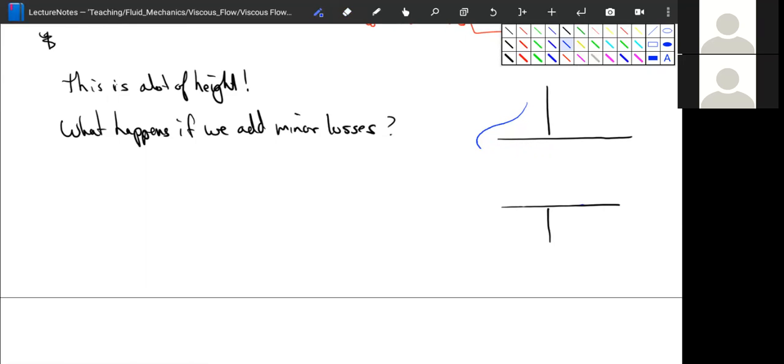So they come around like this, they separate, and they reattach sometime later, but you get large eddies in this region here, which do several things. One, they make the apparent diameter narrower. So remember, we actually solved for, if you cut the pipe off here, the diameter that this would be, and it's half the diameter of the actual pipe.